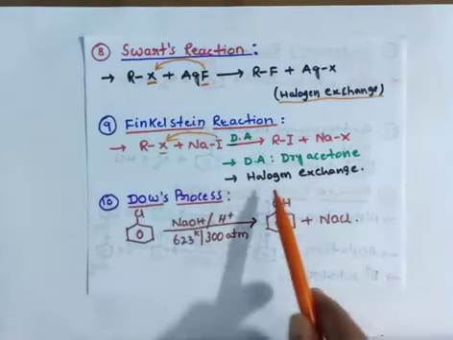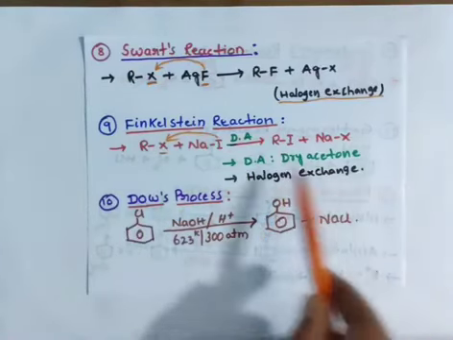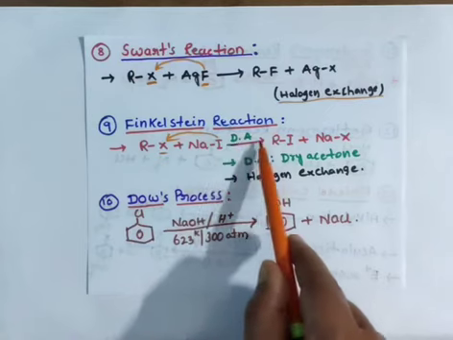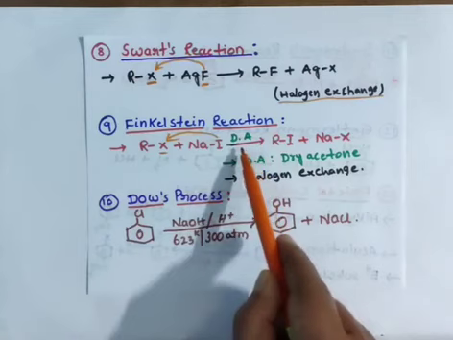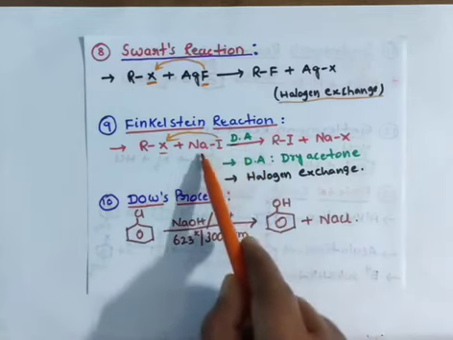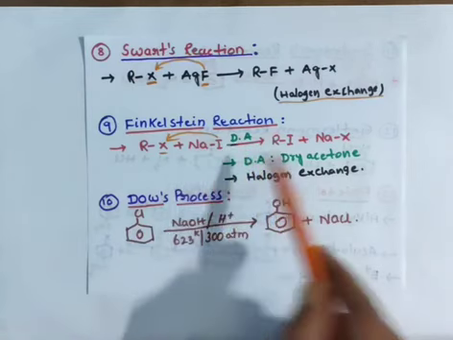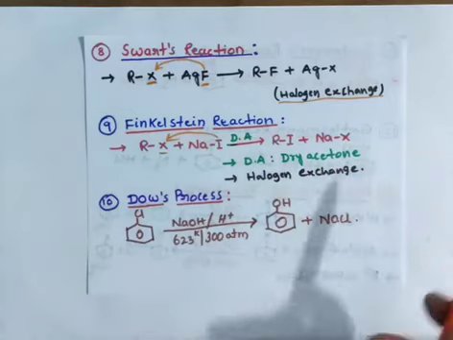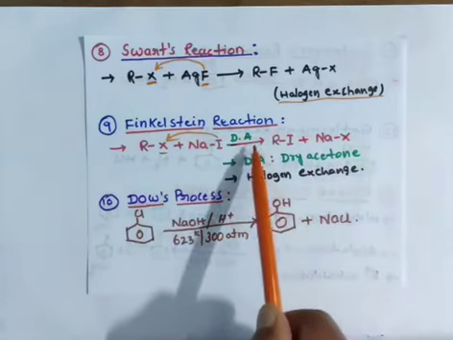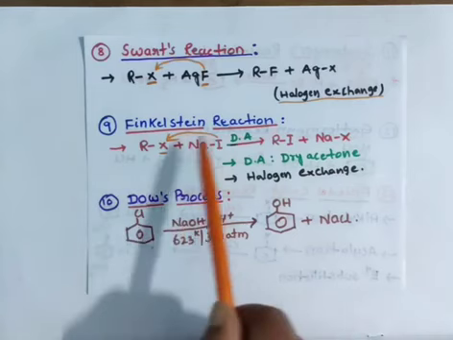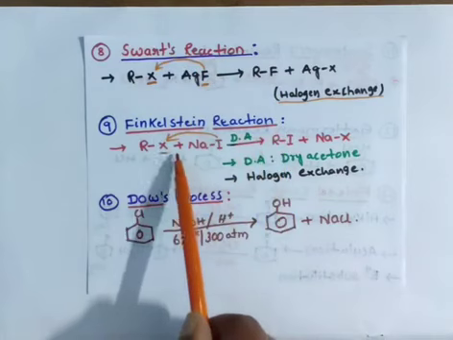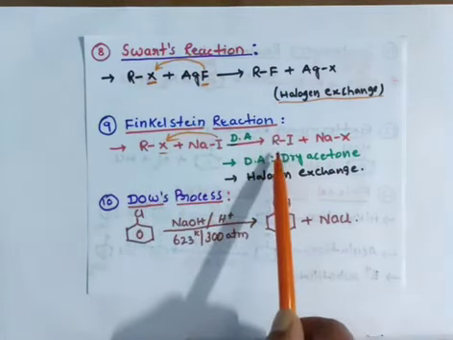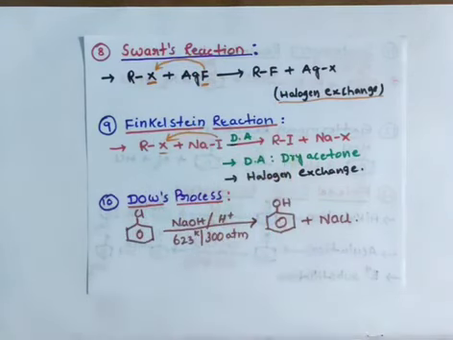That's why we call it a halogen exchange method. Here we are using dry acetone. Why only dry acetone? If it is aqueous, the water will react with sodium and give sodium hydroxide, and the reaction process will change. That's why you have to use dry acetone. That is Finkelstein. By Swarts reaction, fluoroalkane. By Finkelstein reaction, iodoalkanes only we are preparing, not RCl or RBr.